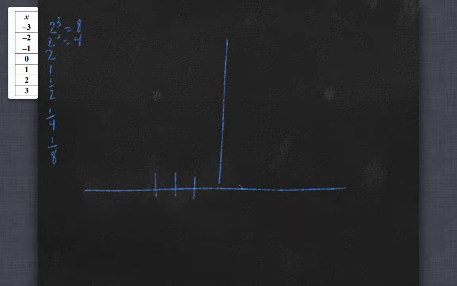Cubed, 1/2 times 1/2 times 1/2 is 1/8. Okay, so this time when I go to the -3 is when I go all the way up to 8. -2 goes to 4. -1, 2, 0, 1, 1/2, 4, 8.